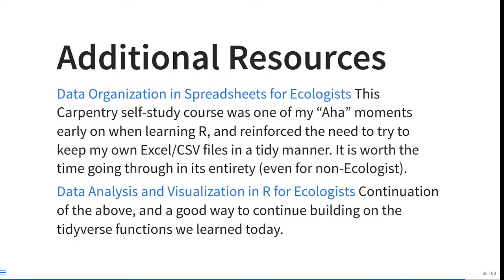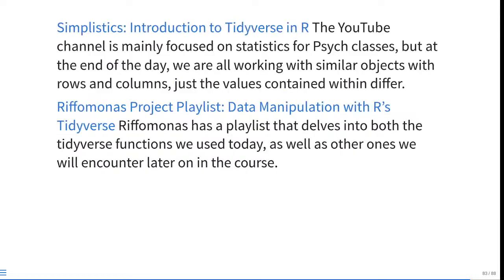But the particular aha moment that started clicking the concepts of tidy data was through the Carpentries project, in terms of their data organization and spreadsheets and their data analysis and visualization in R self-walkthrough courses that are available through their website. These are primarily aimed at ecologists, but we are handling data in very similar ways, trying to manipulate rows and columns, and these were particularly well done, so I'm recommending them to anybody who's interested in working through these more on their own.